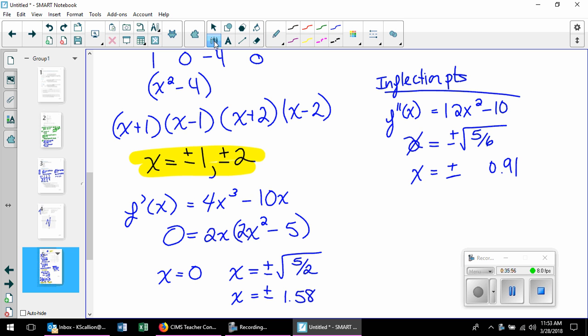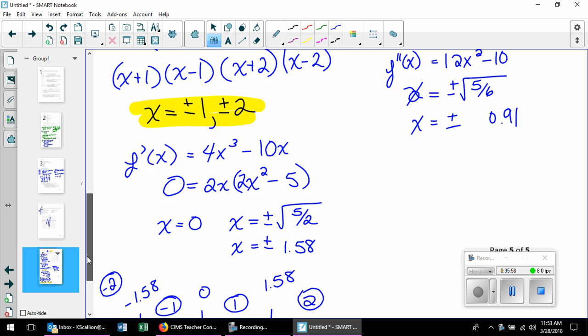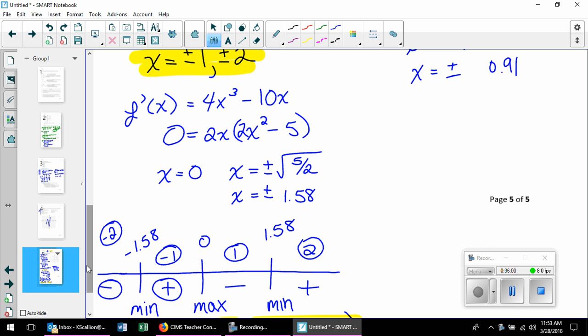I was moving on. So what do I do now with my inflection point? I'm going to do the number line. So I have negative 0.91 and a positive 0.91. A value less than 0.91, I'm okay with negative 2.